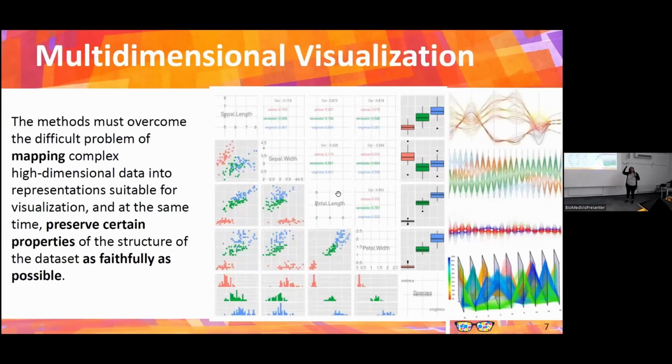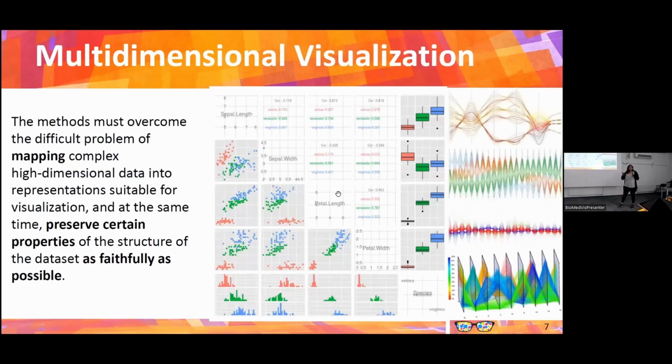When we talk about multidimensional visualization, I'm sure that you're aware of this, but the problem is that we have a lot of dimensions, sometimes a lot of data, and we want to find visual representations of these big data sets. And these visual representations sometimes need to be in a lower space. So you need to map high dimensional spaces to lower dimensional spaces.